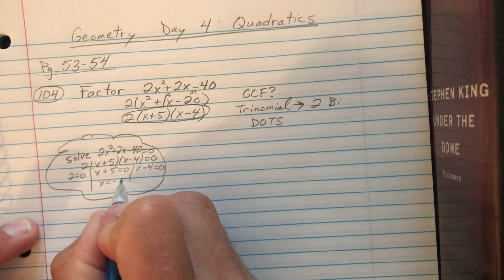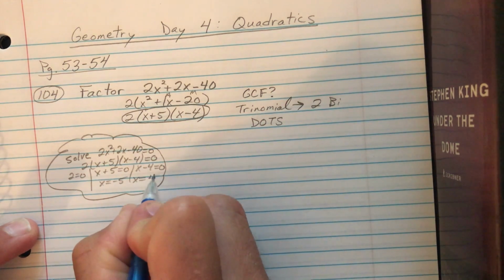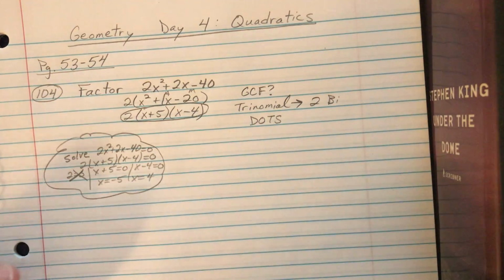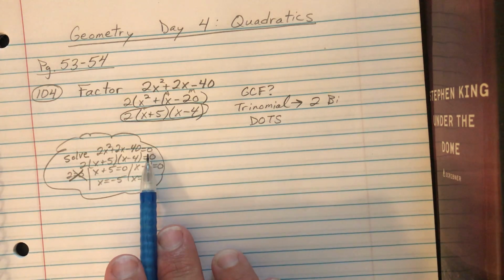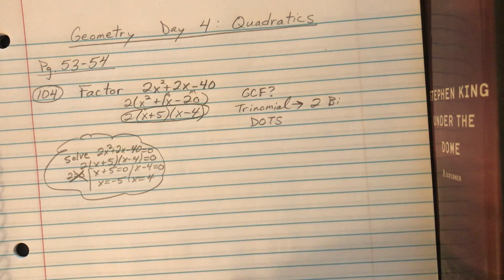So we would get negative 5 and 4. And 2 can't equal 0, so we reject that. There's just that extra step you take if there's an equal sign and you're trying to solve.